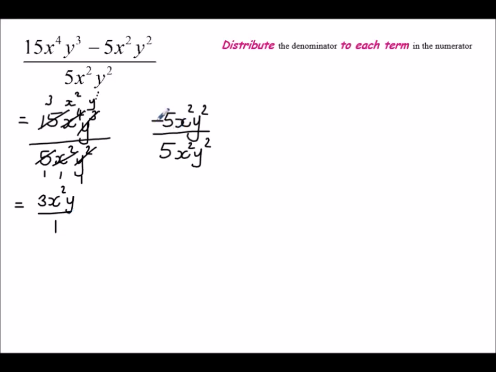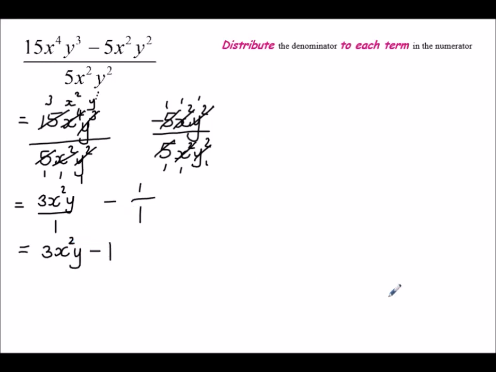Next term, a negative divided by a positive is negative. Then I do the number part. 5 into 5 goes once, 5 into 5 goes once. X squareds cancel, y squareds cancel, and I'm left with 1, because 1 times 1 times 1 is 1. 1 over 1, and that will equal 3x squared y minus 1.